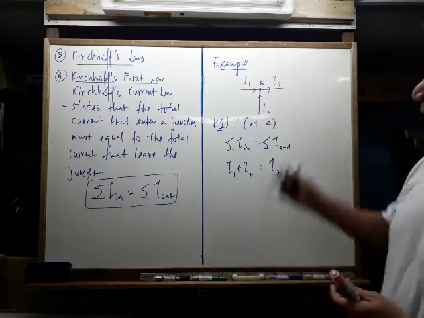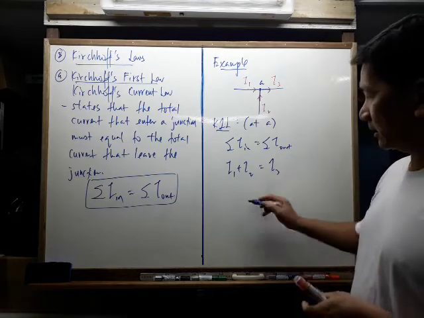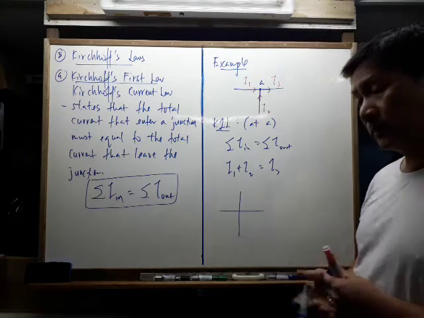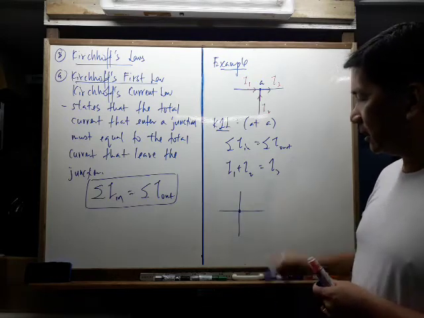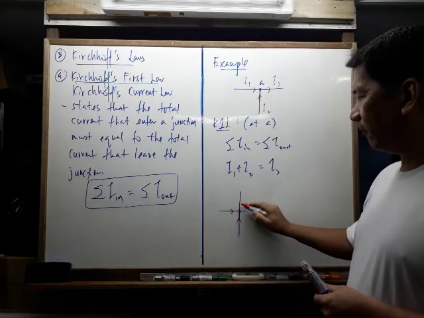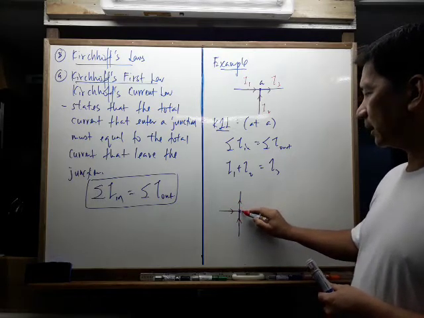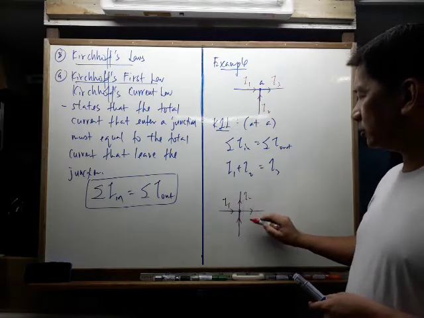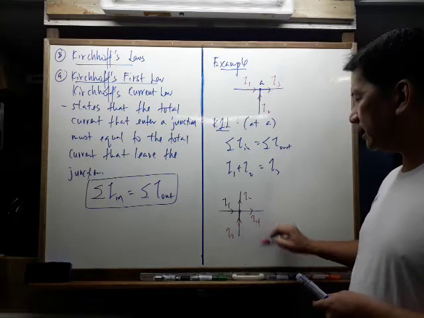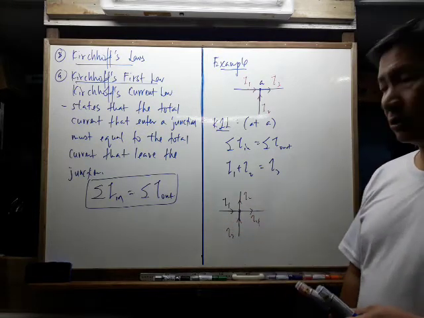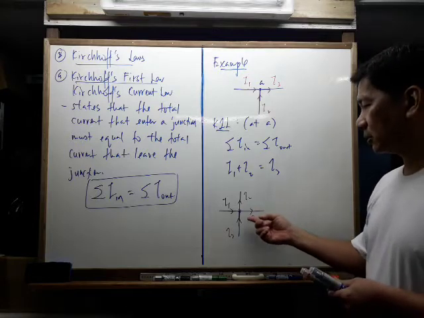Alright. So another type of junction is a cross junction. Okay, a cross junction. So in this case, you might have four currents, I1, I2, I3, and I4. These two summed up must equal the other two. So that is the cross junction.